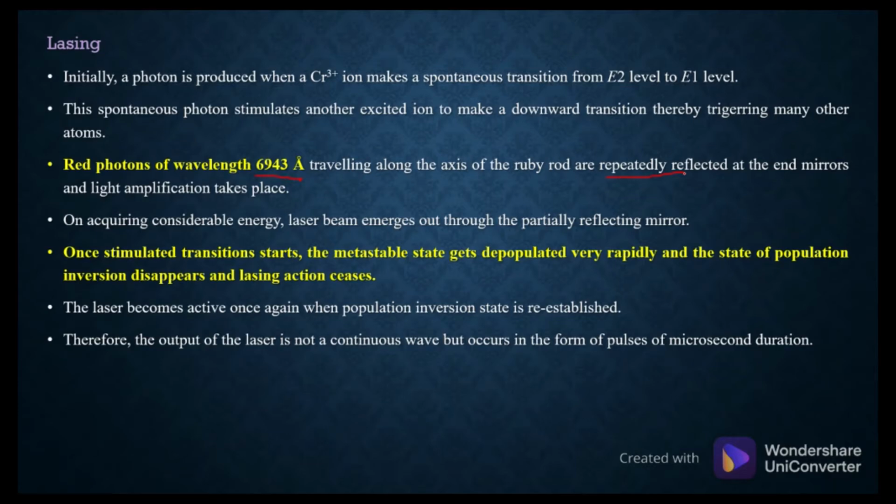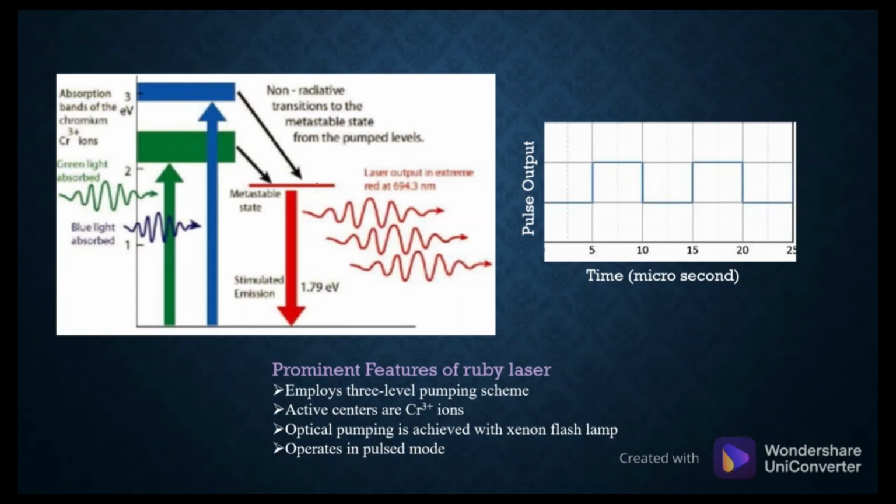In general, once a stimulated transition starts, the metastable state will get depopulated. That means once the atoms move from the metastable state to the ground level with the generation of laser, a stage is reached when the metastable state becomes empty, or we can say the percentage of atoms in the metastable state compared to that of the ground level will not satisfy the condition for population inversion.